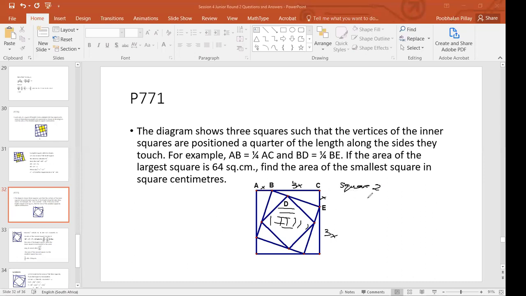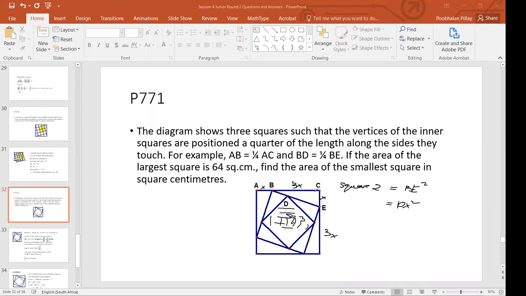Square 2 is the second one. And this is square 3. Square 2, the area of that is BE squared. But now if you use Pythagoras, you've got 3x here, you've got x here. 9x squared plus x squared is 10x squared.